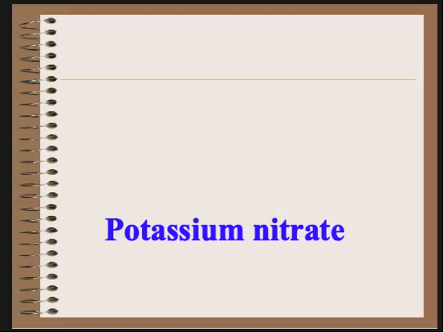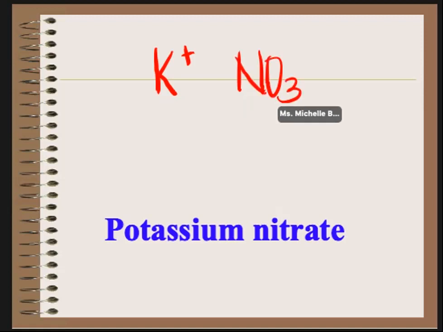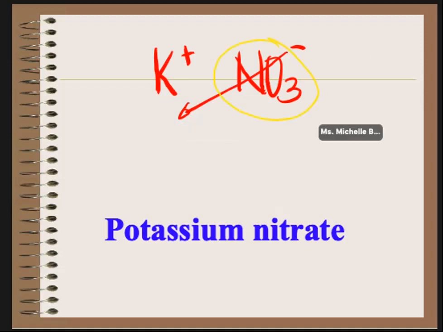So we have potassium nitrate, K positive, and NO3 -1. We crisscross, we treat the polyatomic ion as one. So K, then copy NO3.